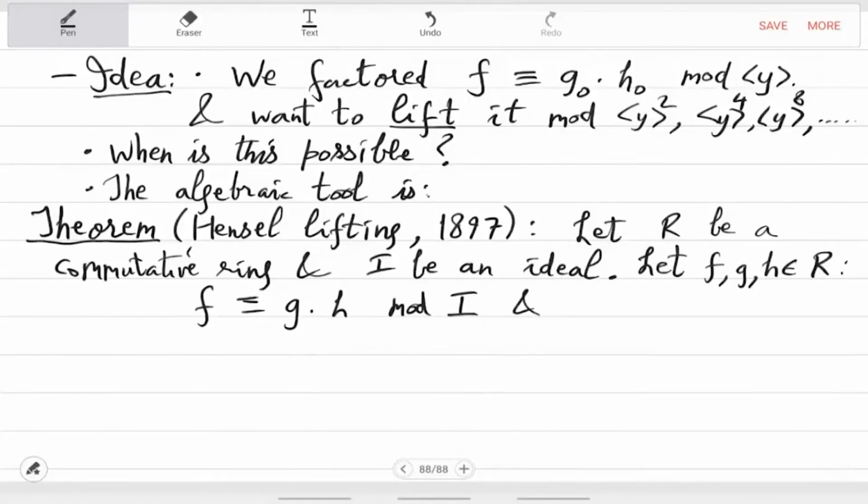One condition is that G and H should be somehow co-prime, which will not make sense for every ring, but what will make sense is Bezout identity. So, we will actually assume Bezout identity. So, we will assume that AG plus BH is 1 mod I. This is what is called pseudo coprimality.